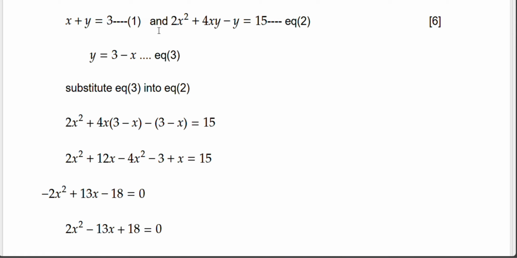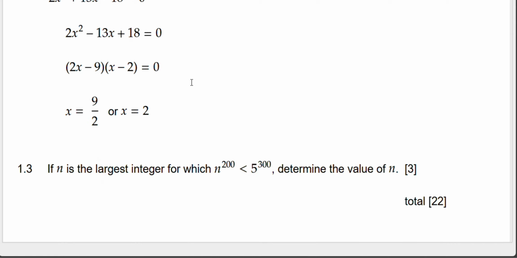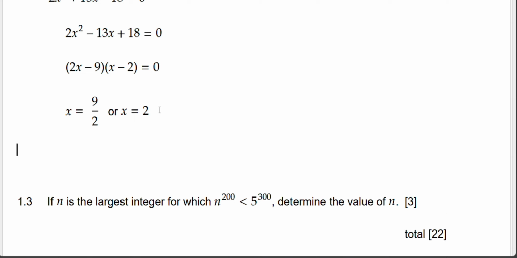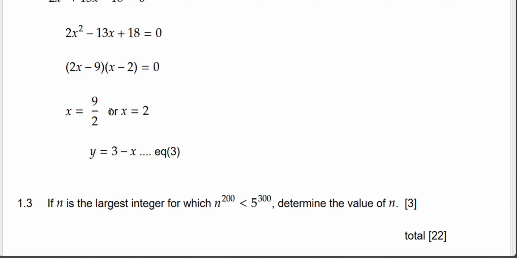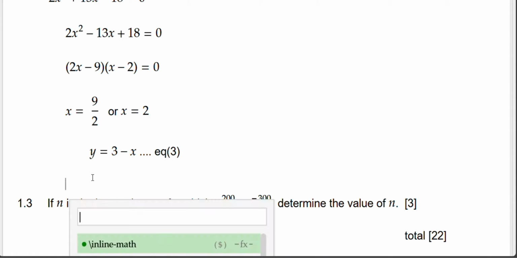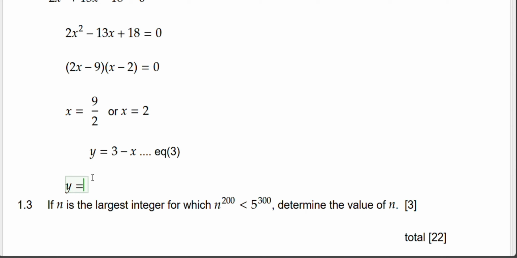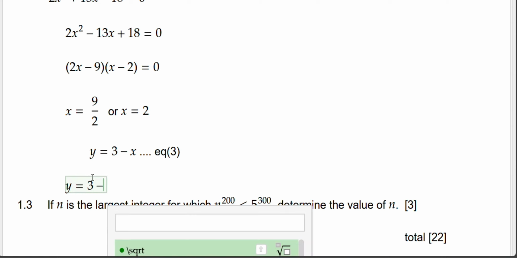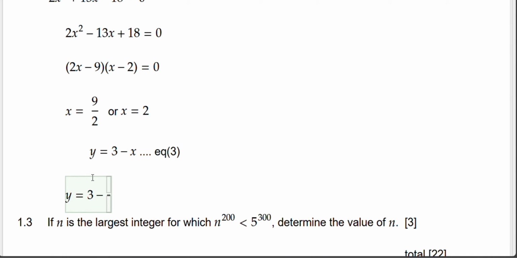So equation 3, let me take this one and put it here. First I'm going to take 9 over 2. So it's going to be y is equal to 3 minus 9 over 2.